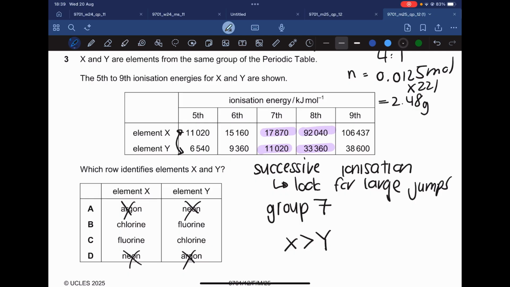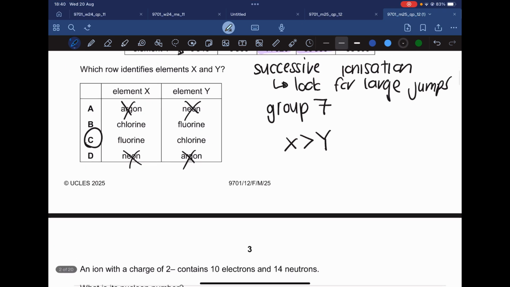So that means it's much harder to remove from X and much easier to remove from Y. If you think about it, it must be much harder to remove an electron from fluorine because the outermost electron is closer to the nucleus compared to chlorine. So that means we're looking at C, fluorine being element X.